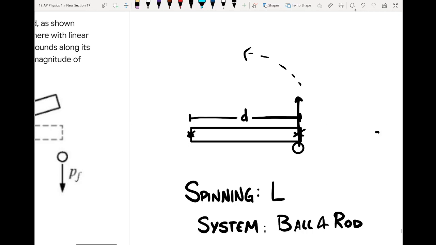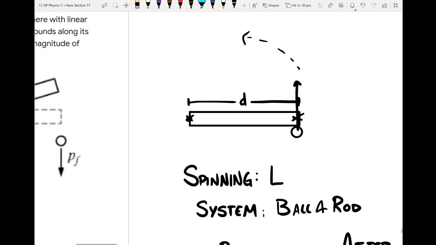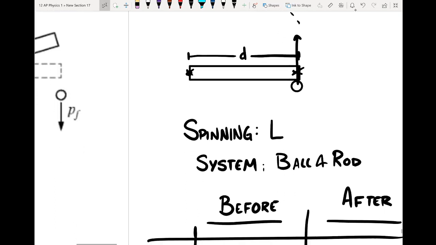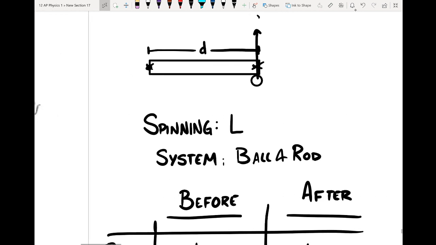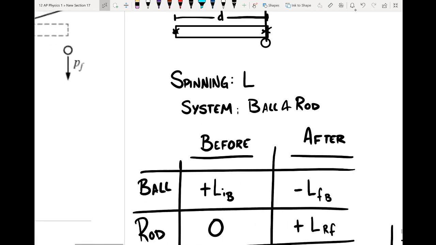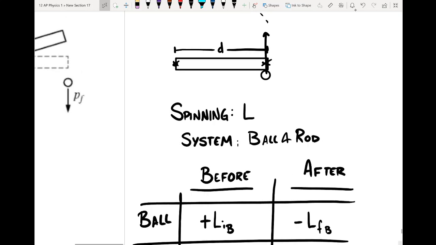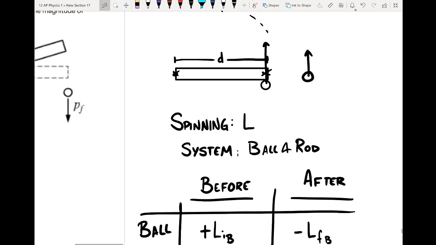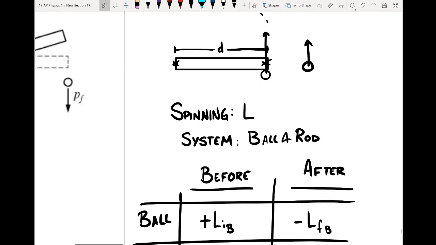If we were going to make this ball do a circular path, there would be a point where it would be just in line like that. So technically at that point it does have angular momentum around that point. So what we want to look at here is this ball and rod system and look at the angular momentum. The ball initially is technically rotating in the counterclockwise direction from this pivot point.